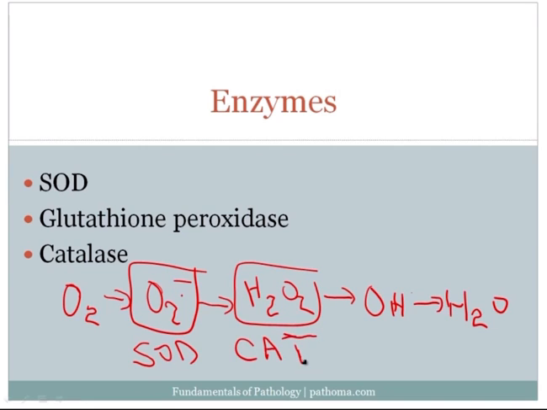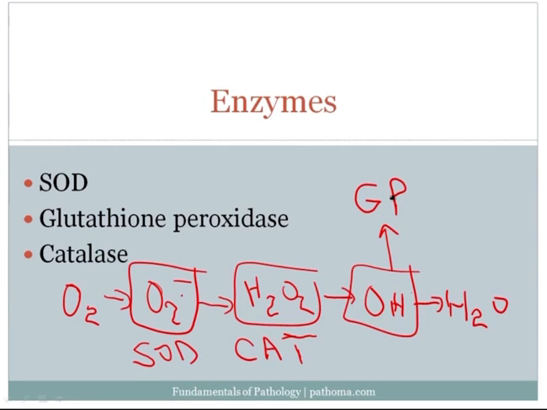And then hydroxyl free radical, one of the major mechanisms by which it is removed is glutathione peroxidase. Glutathione peroxidase is an enzyme that takes the assistance of glutathione, which is an antioxidant, and glutathione will be very important later in our discussions of anemia, and you'll hear about that when we talk about anemia, so I won't get into too much detail here.